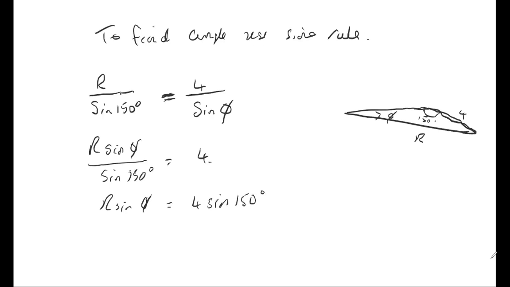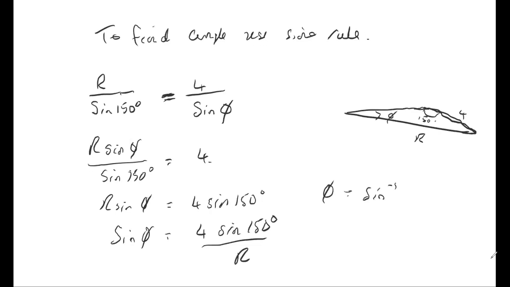And then finally, the angle is sine to the minus 1 of 4 sine 150 over R. R was 8.697.